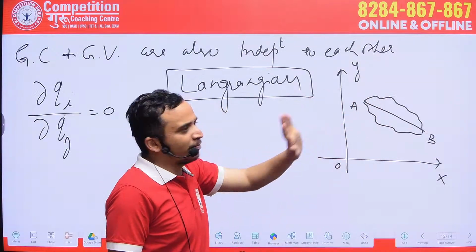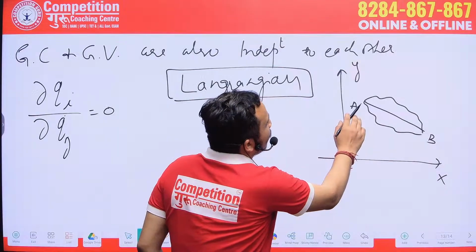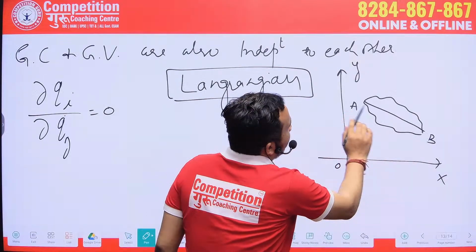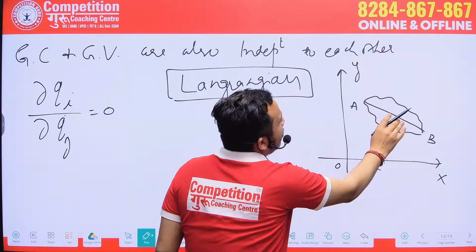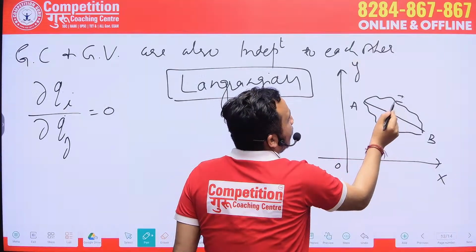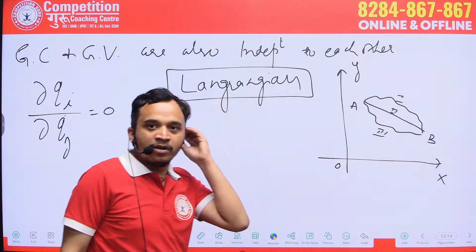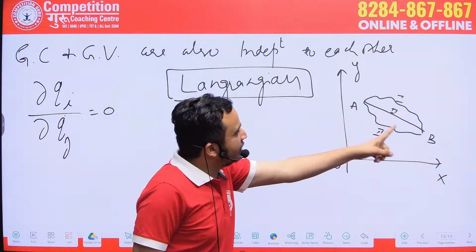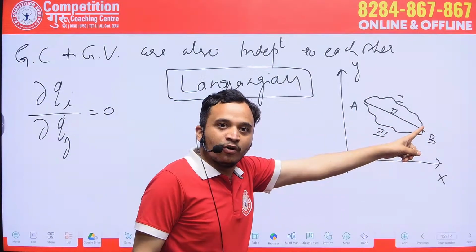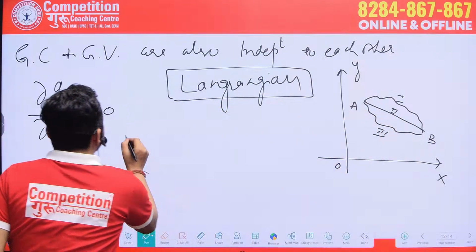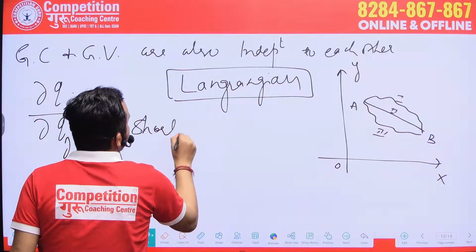For example, there are three persons moving from point A to B in three different paths, 1, 2, and 3. Which person will reach first? Or we can say, what is the shortest path between A and B?